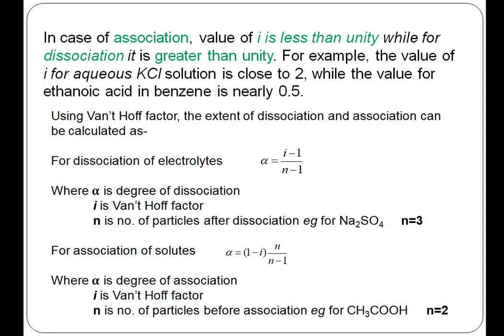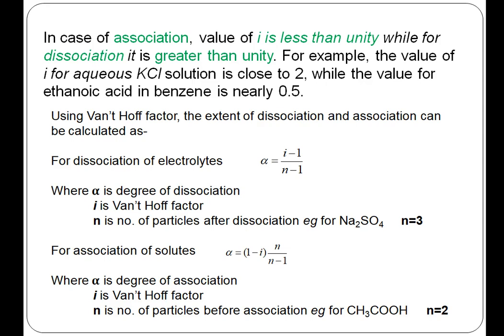For dissociation of electrolytes, degree of dissociation alpha will be equal to (i minus 1) upon (n minus 1), where n is the number of particles after dissociation. For example, if the solute is Na2SO4, it will dissociate into 2 sodium ions and 1 sulfate ion, so n will be equal to 3.